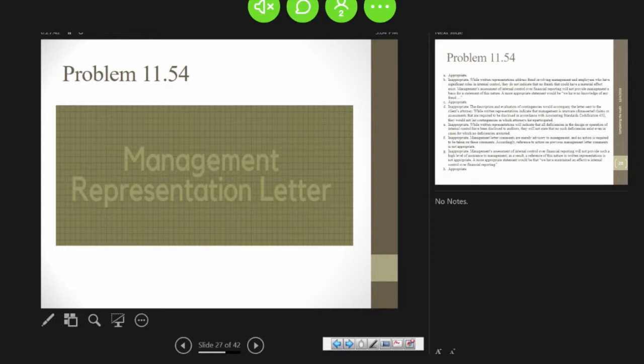All right, let's take a look at a problem, 11-54, which is on page 529. It starts on 529 and goes through to 530. Just indicate whether the statement is appropriate in the management rep letter or inappropriate.